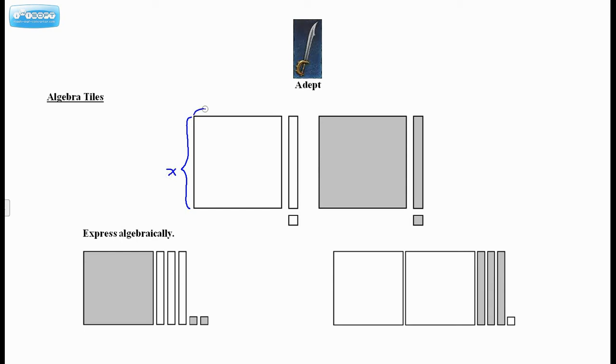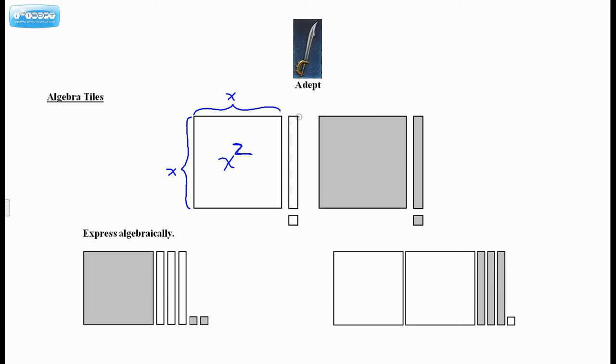Because it's a square, this also must be x. Therefore, the area of this square is just its length times its width, or x times x, so it's x squared. So every time you see a large square like this, this tile represents an x squared.